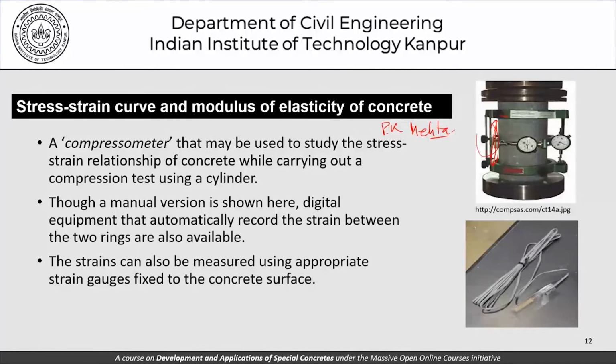We use more sophisticated strain gauges, and those strain gauges are fixed to the surface of concrete either along the direction of loading or in the circumferential direction, and the load is applied. So this gives us information about the stress strain curve.